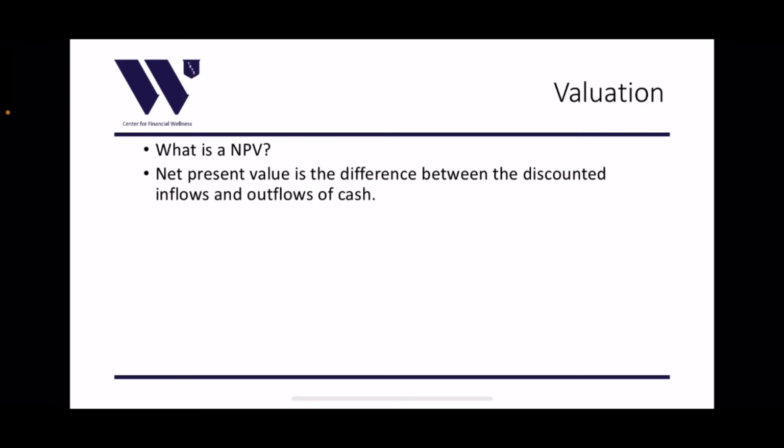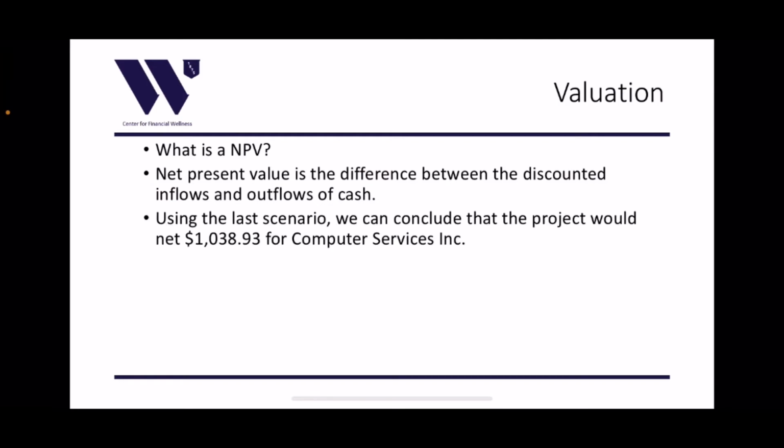And those are the positive amounts that we have coming in, net the cash that we have going out for actually purchasing that asset. So net present value is just the addition and the subtraction of the inflows and outflows of cash as they've been discounted for rate and time. So using that last scenario, we could conclude that the project would net our company, Computer Services Inc., $1,038.93.